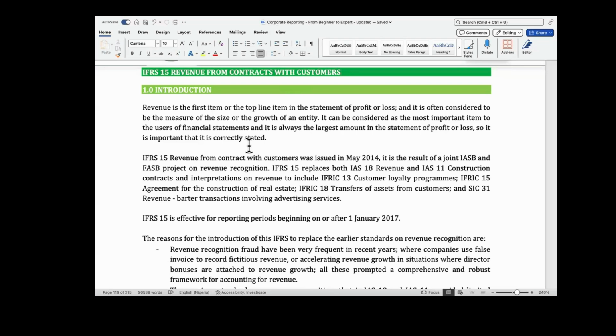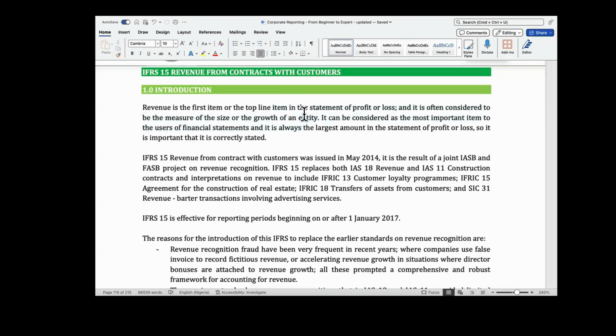So revenue from contracts with customers. This standard majorly deals with revenue, and revenue is usually the first item in the statement of profit or loss. It is considered to be the measure of the size or the growth of a company.